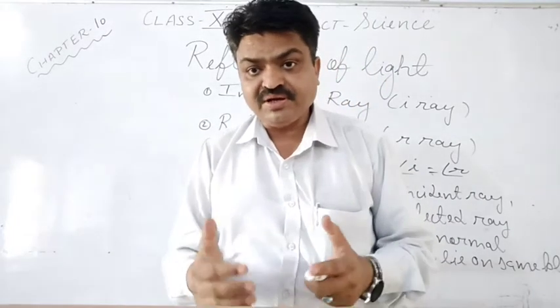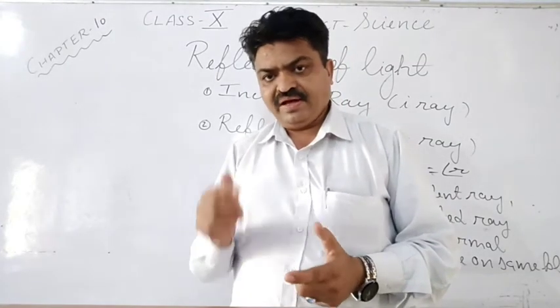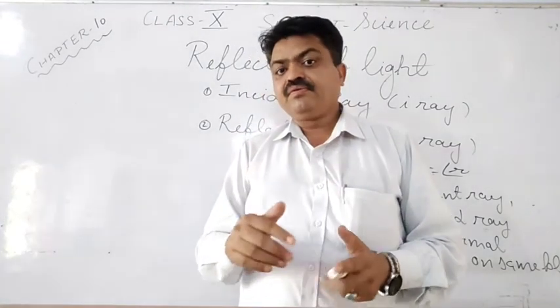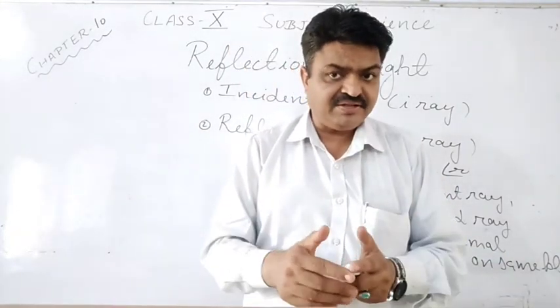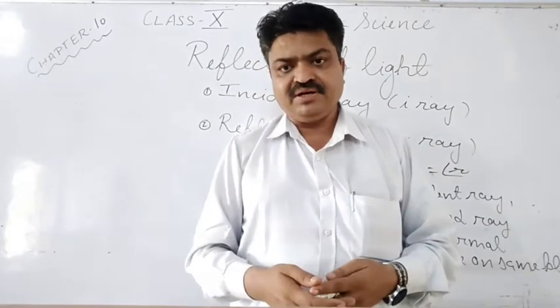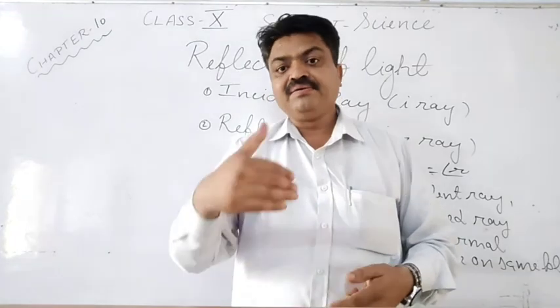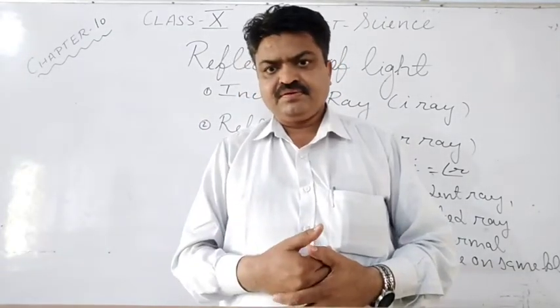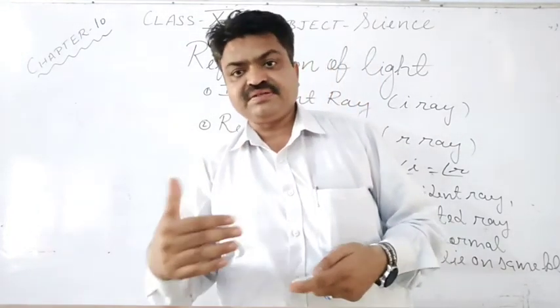Means the concave mirror has the cave side as its reflecting surface. Means its reflecting surface is on the cave side. And in the convex mirror, the reflecting surface is on the bulging side. It is the difference between concave and convex mirror.